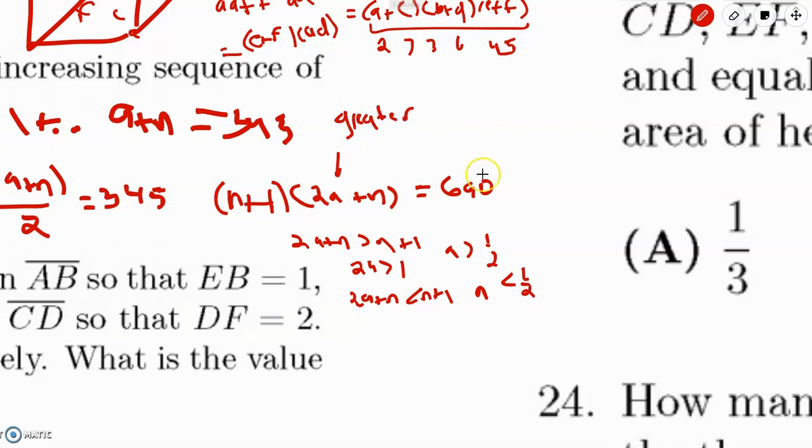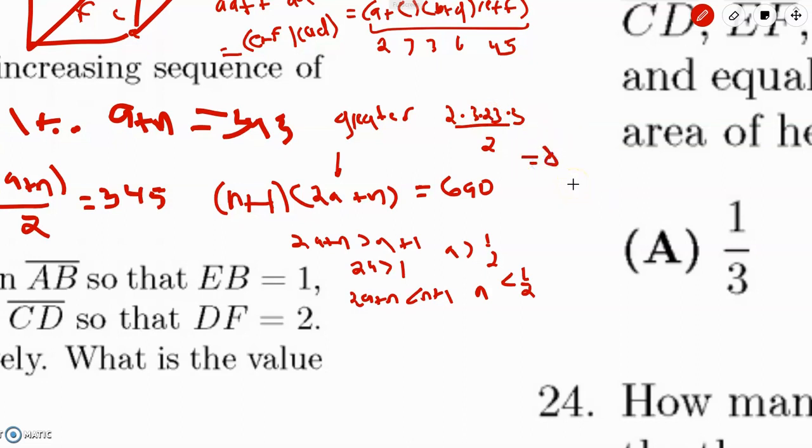And that means the number of factors that work is equal to the number of factors of 690 over 2, since half of them are greater than the square root of 690. So 690 is equal to 2 times 345, which is 2 times 3 times 23 times 5. So over 2 is equal to 3 times 23 times 5. The number of factors of that is equal to 8.